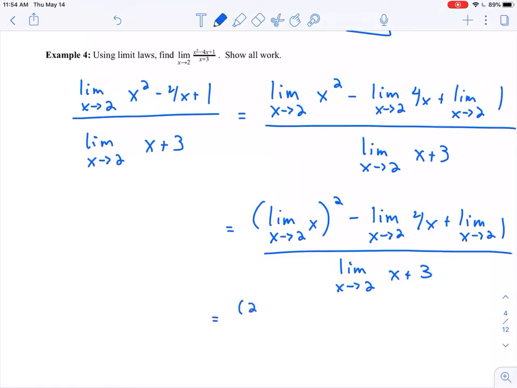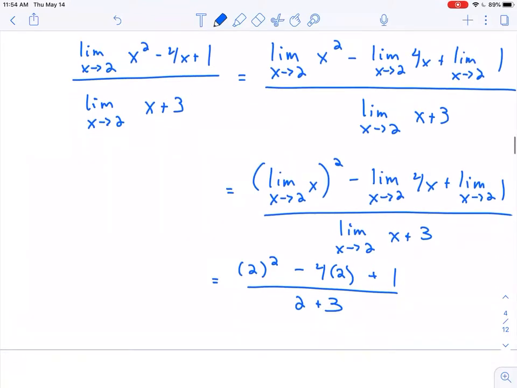So here I'd have 2 squared minus 4 times 2 plus 1, all divided by 2 plus 3. And then we're just evaluating this expression here. So let's see, I've got 4 minus 8 plus 1 all over 5, which would give me -4 plus 1... that is, -3/5.